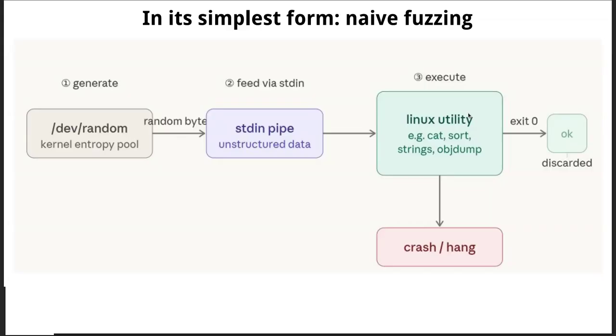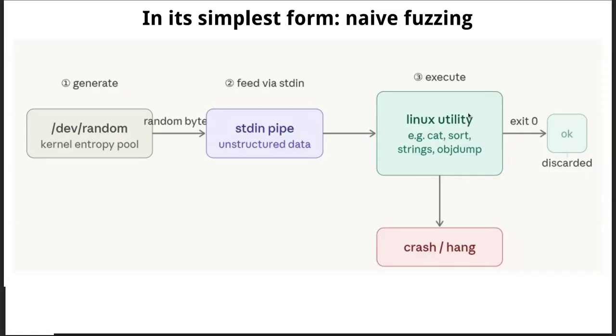We want to fuzz some binary programs. Let's say we just want to fuzz Linux or Unix command line utilities: ls, cat, strings, objdump, the tools you have been using in this class. How do we find bugs in them? We just generate some random data. The kernel has /dev/random and /dev/urandom, devices that keep generating random data.